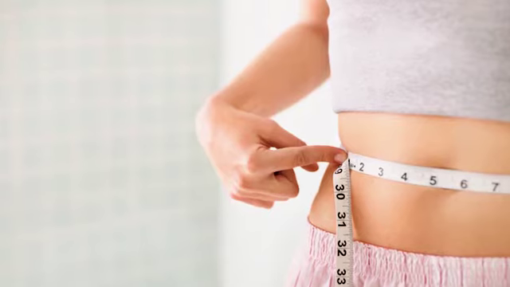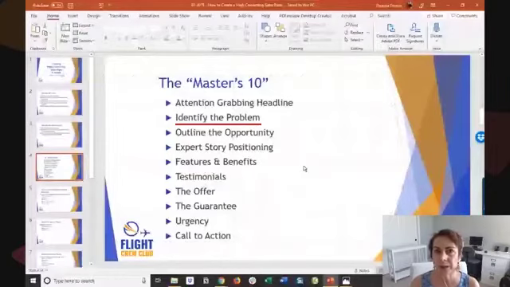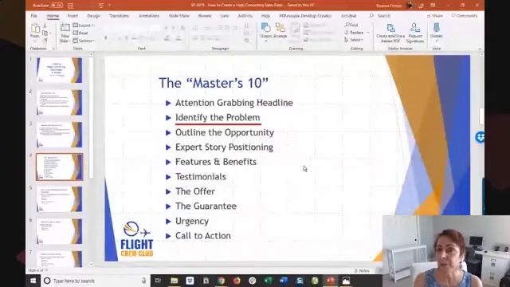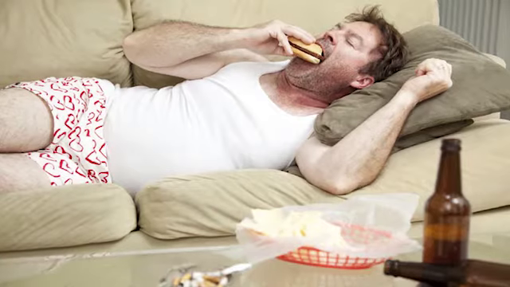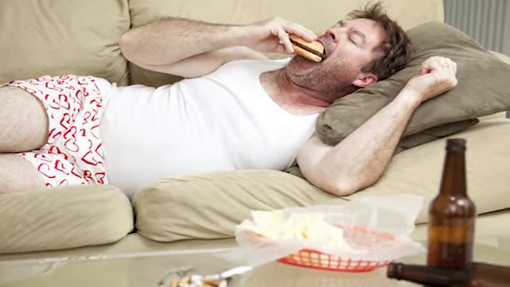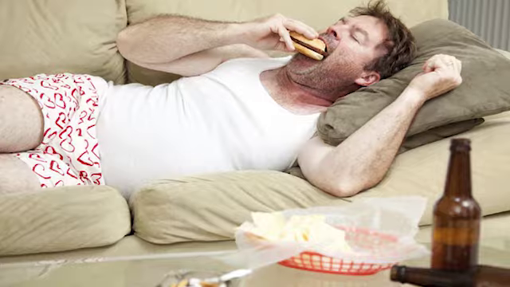They're getting conflicting information, trying every fad diet out there, and nothing seems to work. So the problem they think they have is conflicting information and nothing straightforward that works for them, when the reality is their real problem might simply be the discipline of being consistent in eating less and working out more.